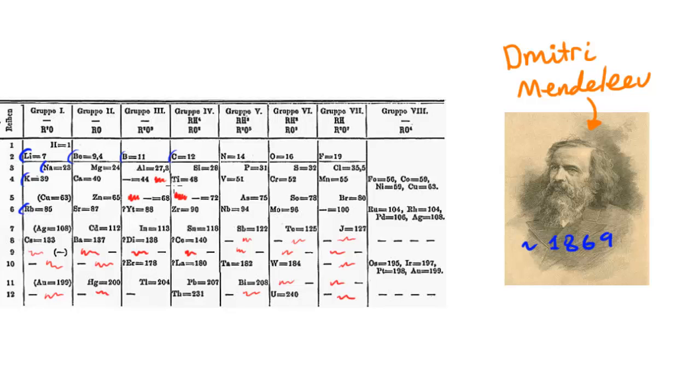Now, looking at this area here, what we have is a dash and we have a 44, and this is an element which he predicted the existence of, but it hadn't yet been discovered. But what he did is he not only predicted the relative atomic mass of that element, which is written here, he also predicted some of the properties.